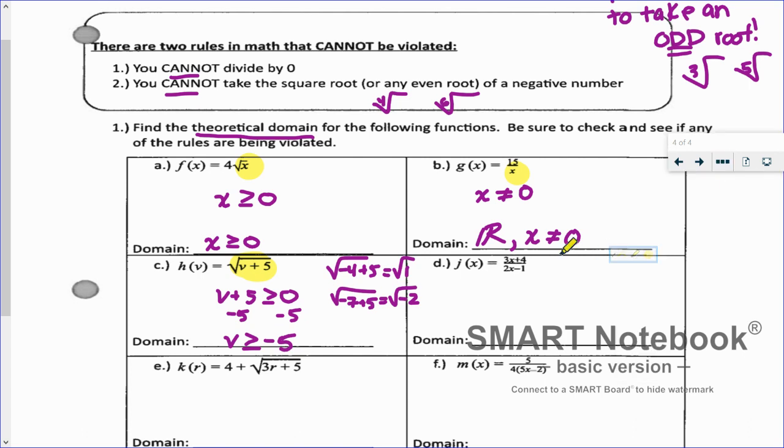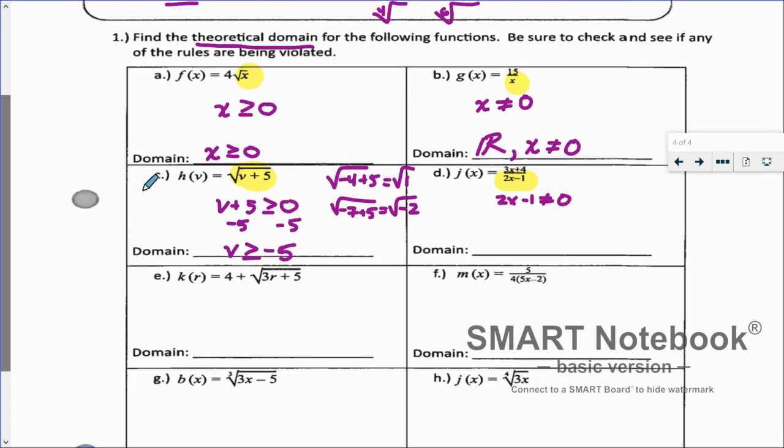This one has the same issue as B. This denominator, I cannot divide by 0. So what I'm going to do is I'm going to say 2x minus 1 cannot equal 0. Because if it did, I would have a situation that I don't want.